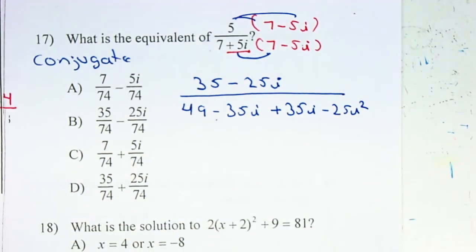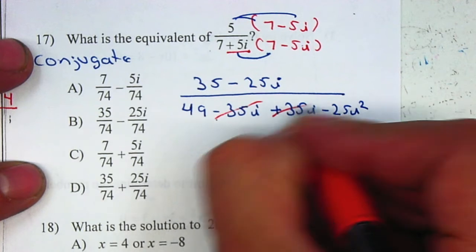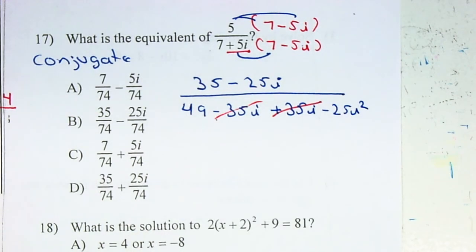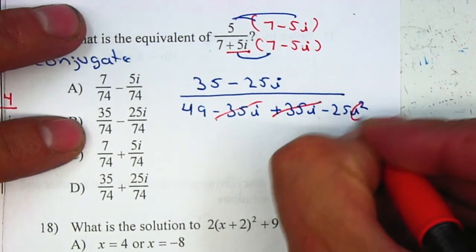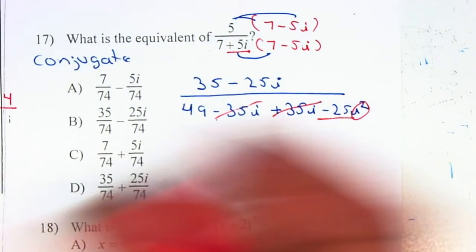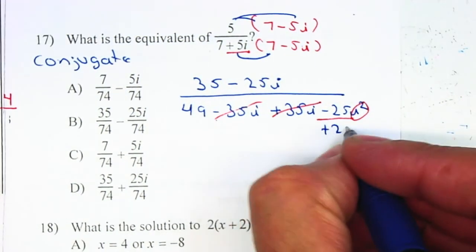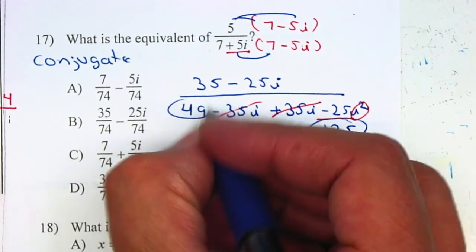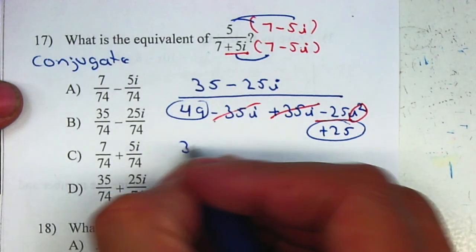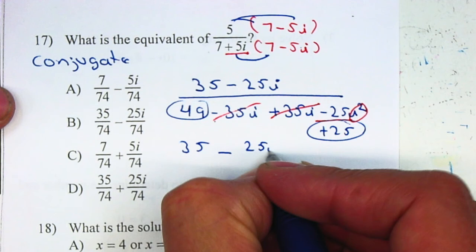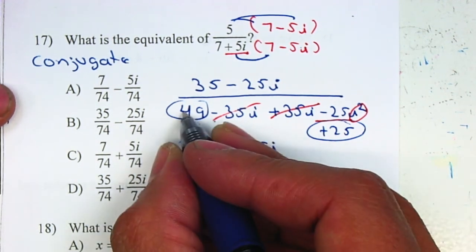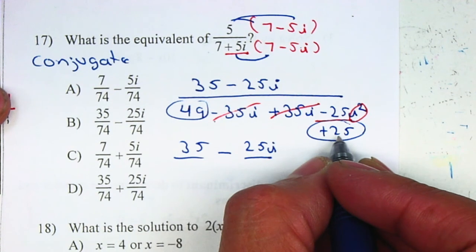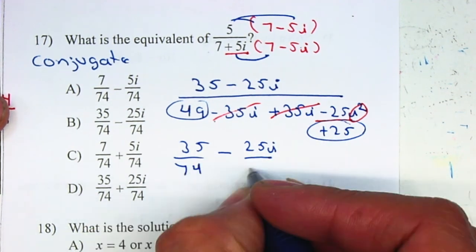I'm going to combine my like terms, and in this case they cancel out. I know that i squared is equal to negative 1, times negative 25 becomes a positive 25. Combine like terms. On top I have 35 minus 25i. Notice I separated. And 49 plus 25 will give me 74.